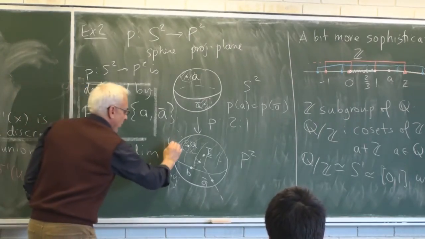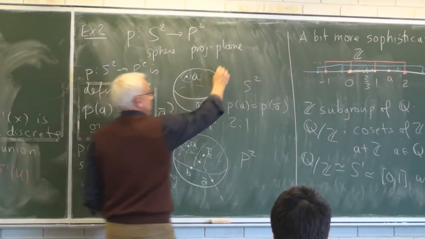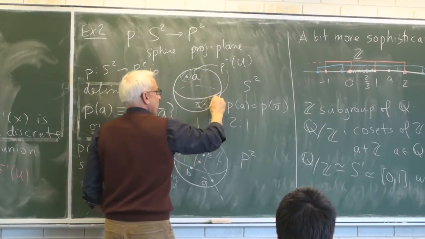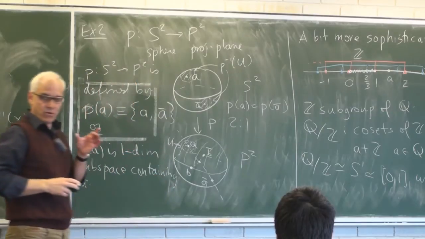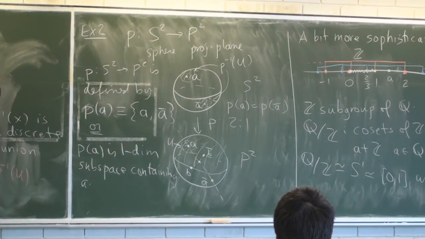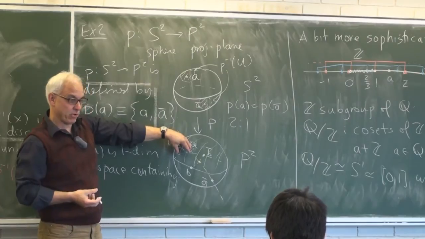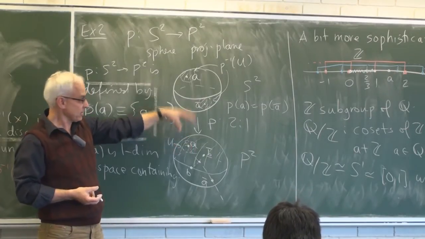So if there is U, then P inverse of U consists of the union of these two little neighborhoods in the sphere, one around A and one around A bar. And each one of them individually looks exactly like the original neighborhood down here. So it's a covering map.